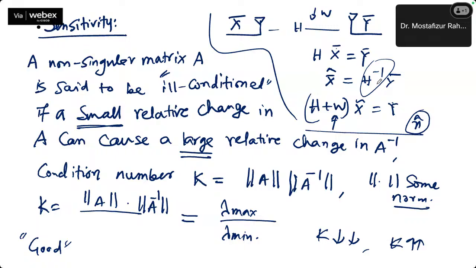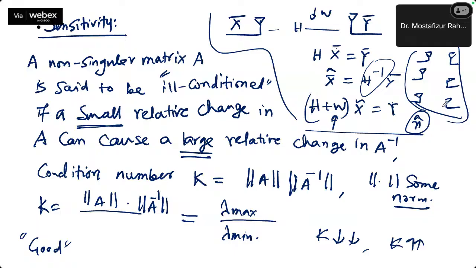That's why people care about this when they design the MIMO system, multiple antenna input and output. How many antennas they should put in the input and how many in the output, so they create a diversity of antennas, such that the overall health of the system is good.